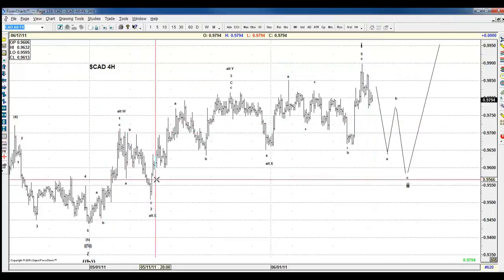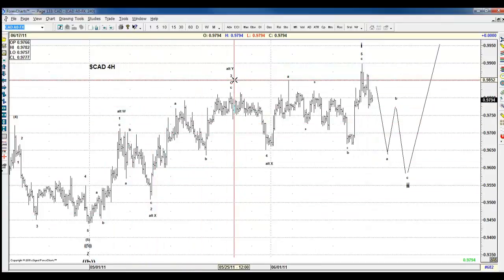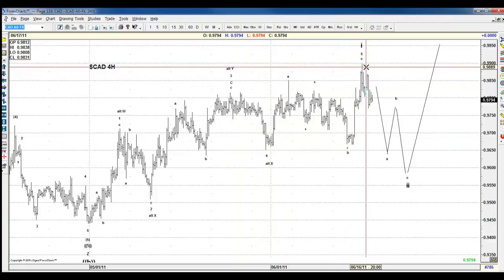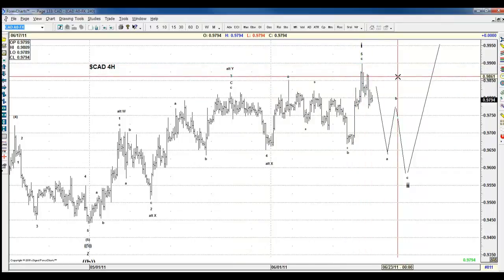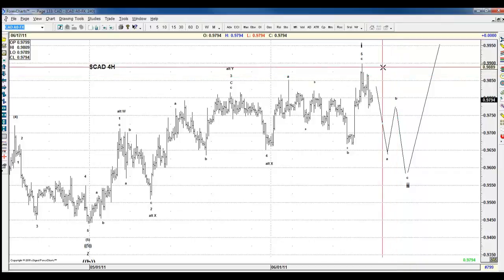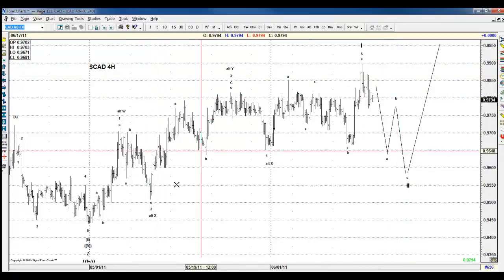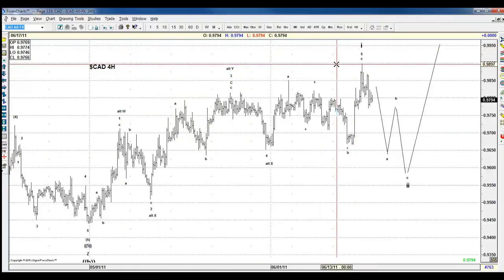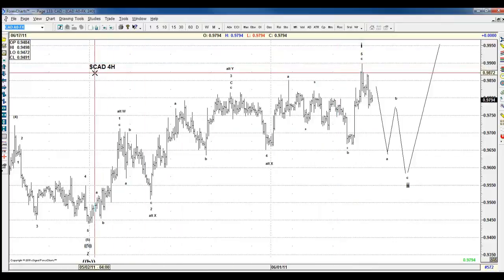ABC 1, 2, ABC 3, 4, ABC 5. So what the CAD is telling me, guys, is that this is either a WXY or Z corrective or is 5 waves. What the CAD is telling you is that dollar weakness is going to come in some degrees.